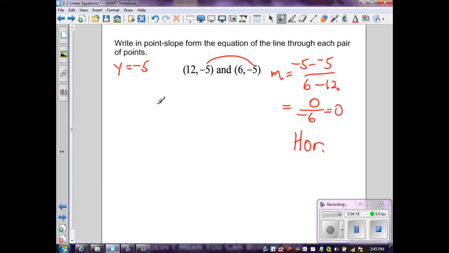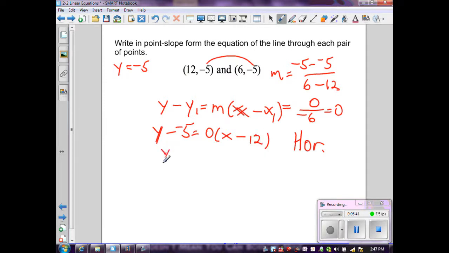Now, I can substitute in y minus y1 equals m times x minus x1. That gives me y minus a negative 5 equals m, which is 0, times x minus x1, which is 12.